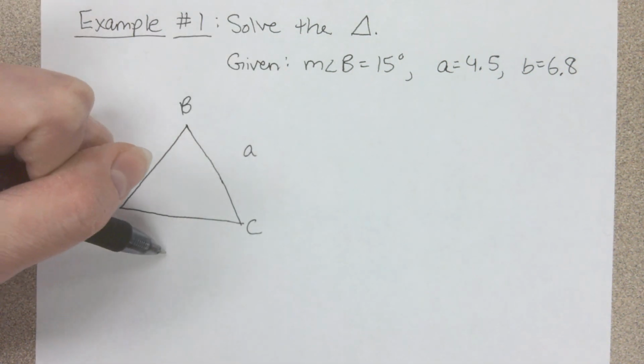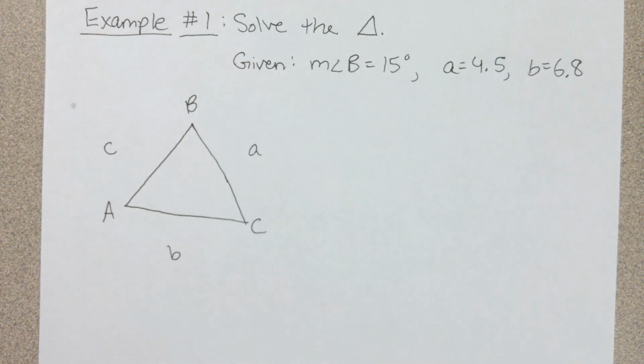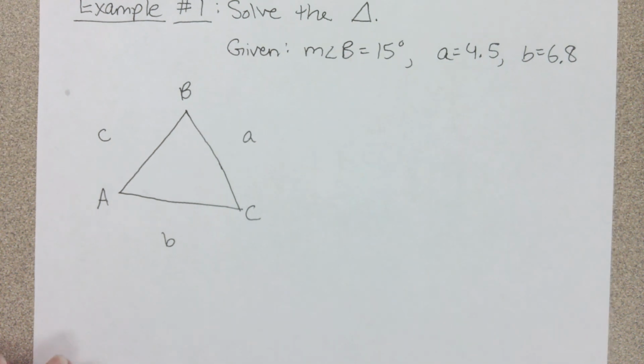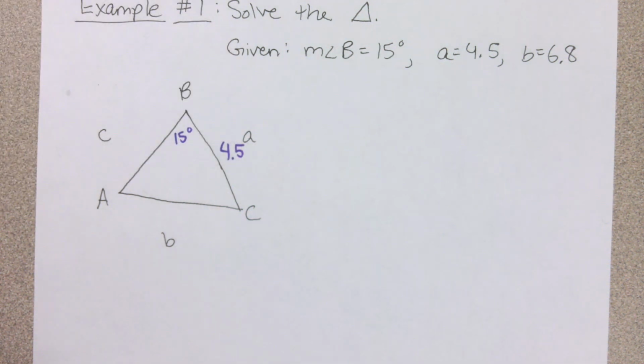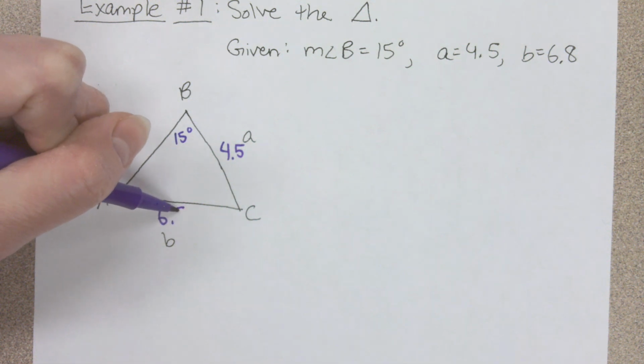Sides ABC. And then we'll label the givens. We are given that angle B is 15 degrees. Side A is 4.5. And side B is 6.8.